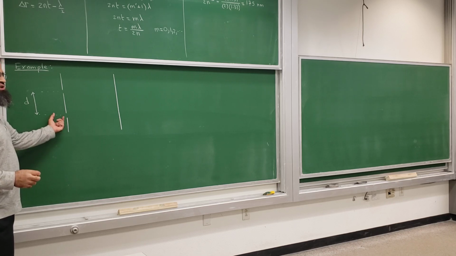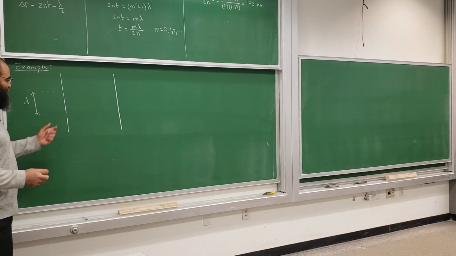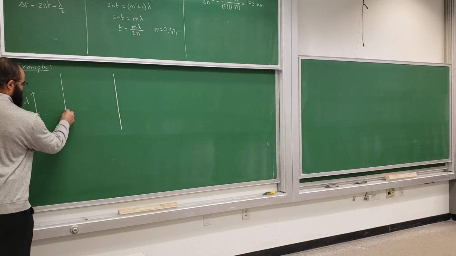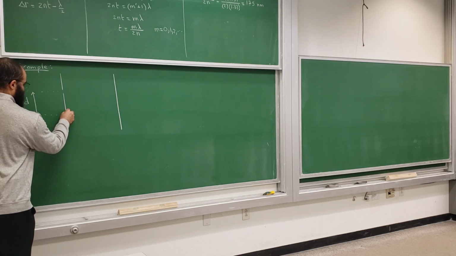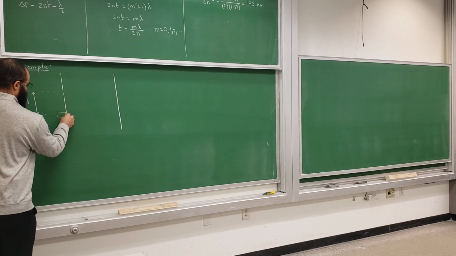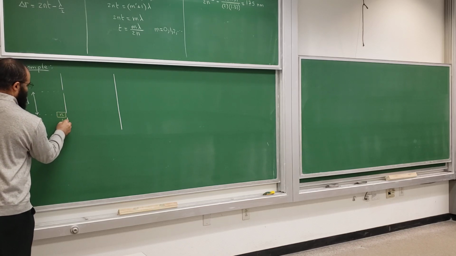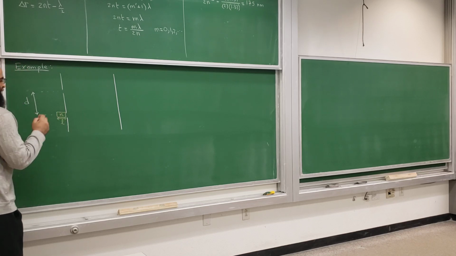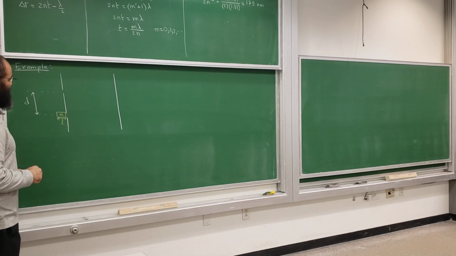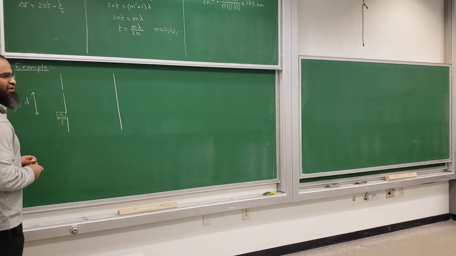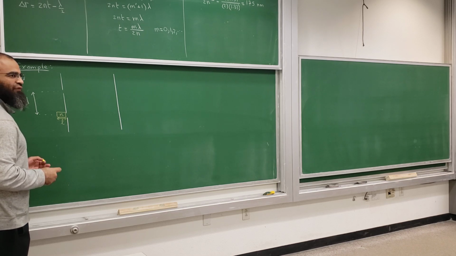Let's place some transparent material here in front of it with some index of refraction. So we're going to place some material here, and that material will have an index of refraction N, and the length of this material is L, or the width. And the question is, what's the condition for constructive interference?